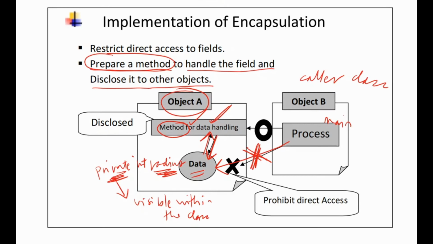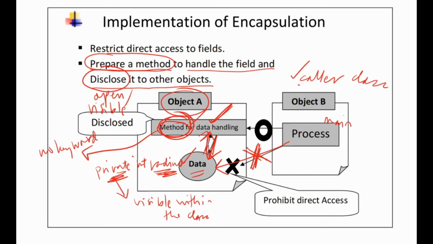And so we create this method, and then this method should not be set to private. This should be disclosed or open or visible to other classes. And so the access modifier of this method, which can directly access and manipulate the private data, should be any of the access modifiers except private. If you want this to be visible in the same package only, then you use the no keyword access modifier.